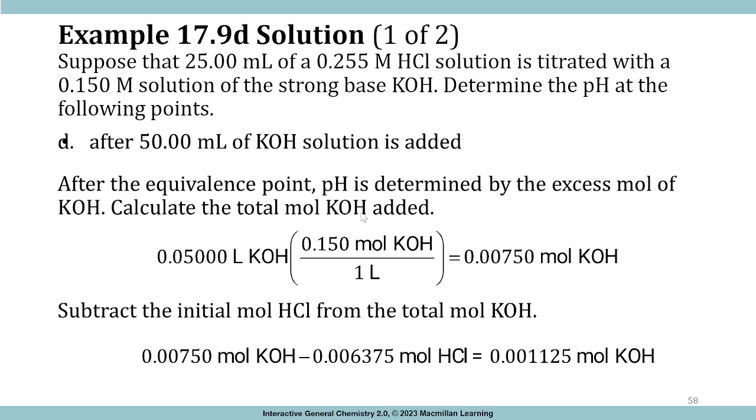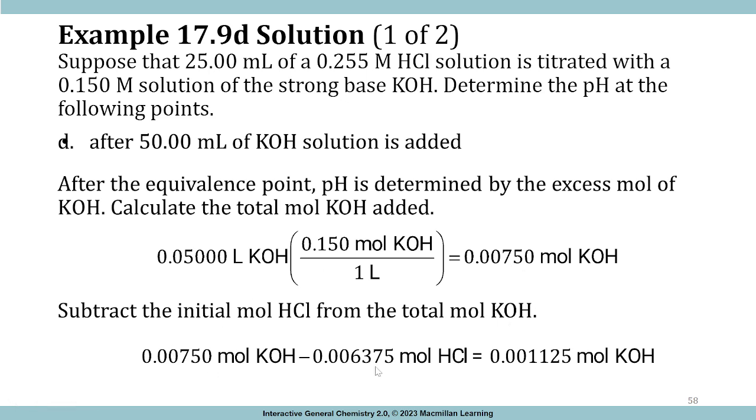So we're going to take, again, the 0.05 liters of KOH, because this is now 50 milliliters of KOH instead. And this is going to be times 0.150 molarity of KOH. This is going to give a value of 0.0075 moles of KOH.